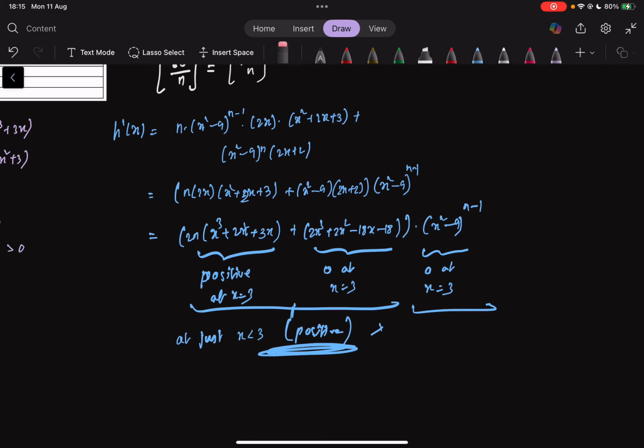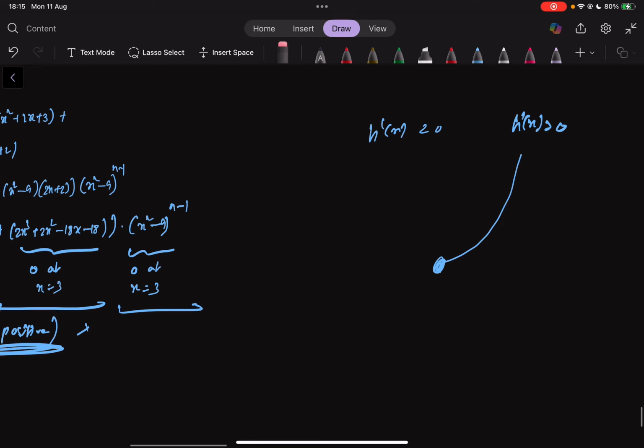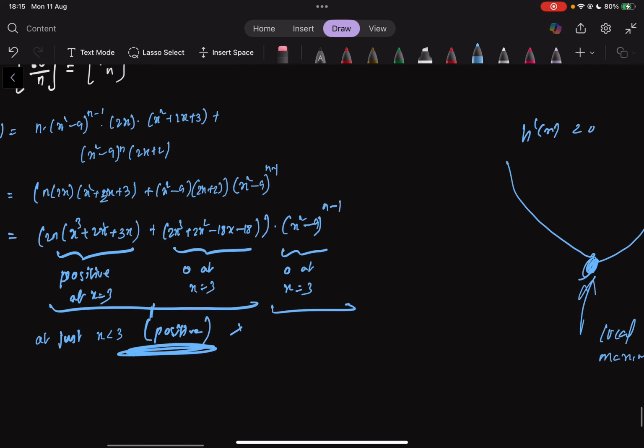So just before 3, our h of x should be decreasing. So in order to have a local minima, just before x equals 3, h of x must be decreasing, so this should be negative.